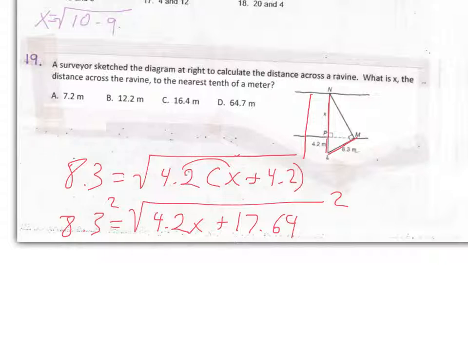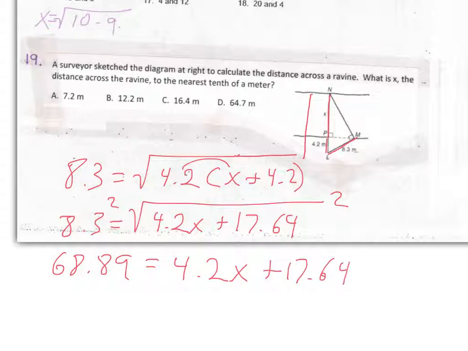That leaves us with 8.3 squared is 68.89, and that's going to be equal to everything under the radical. And that leaves us with this. Subtract 17.64 from both sides, divide by 4.2, and you'll find your x. Again, nearest tenth of a meter. Okay, that's it.